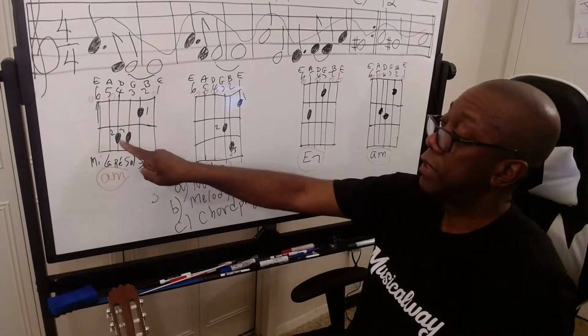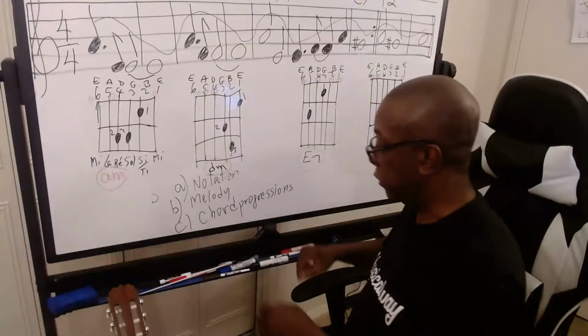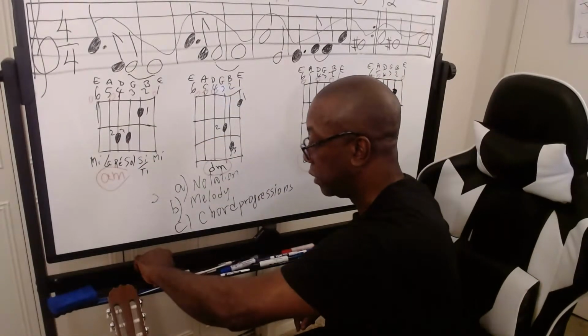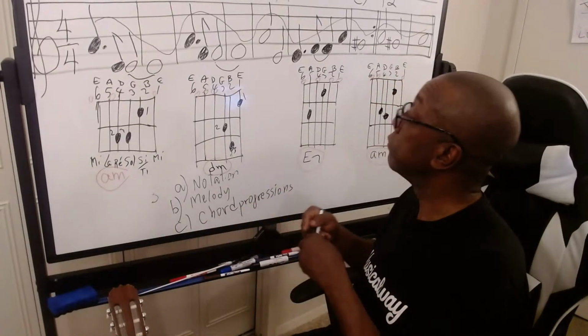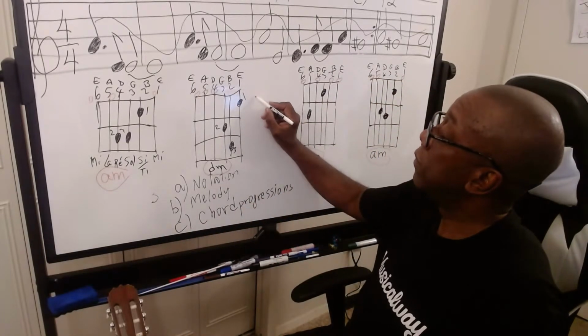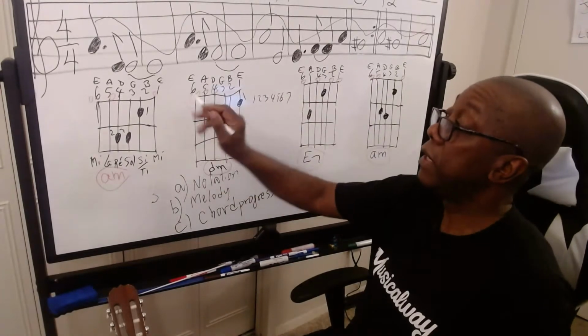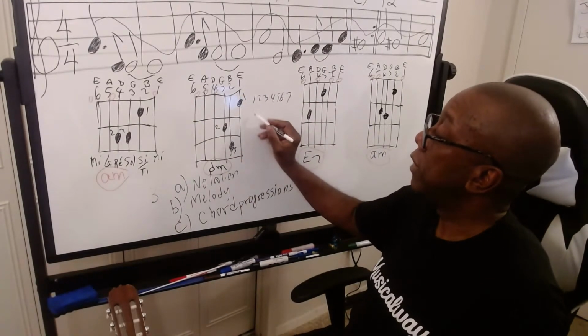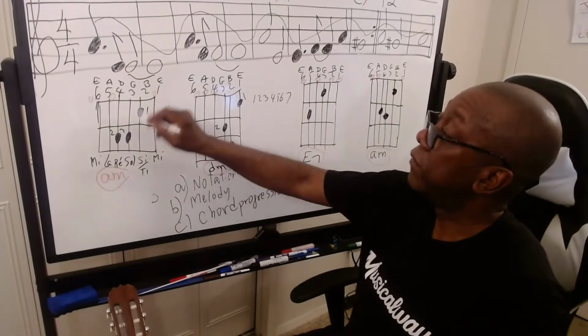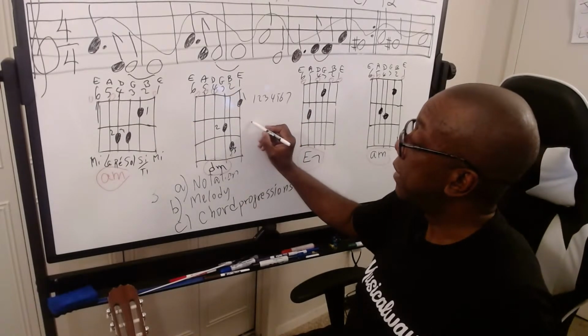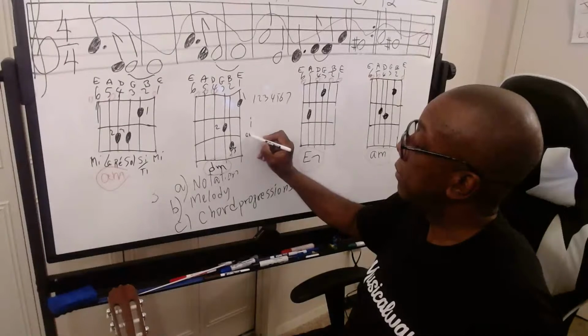So we call this chord progression. And what do I mean by progression? Oh, I also did that before. Progression means that I go from 1, 2, 3, 4, 5, 6, 7. But here, it doesn't have to follow this pattern. The song is in A minor.